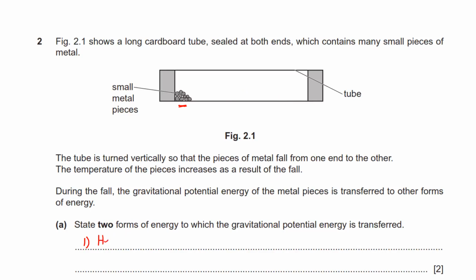So one is heat energy, the temperature, which the question is already talking about. Number two, there will be some sound that will be produced, sound energy, you can always say.